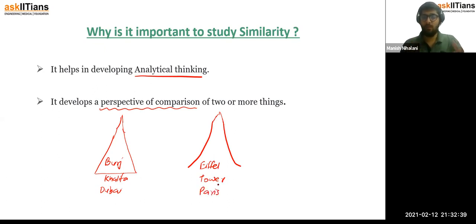Now you all can say that, okay, both are similar looking structures, right? But they are not exactly the same. That is how it gives you a perspective of comparison, that they are different structures, but they are of somewhat similar shape.